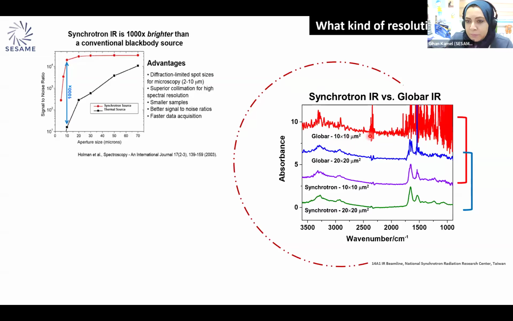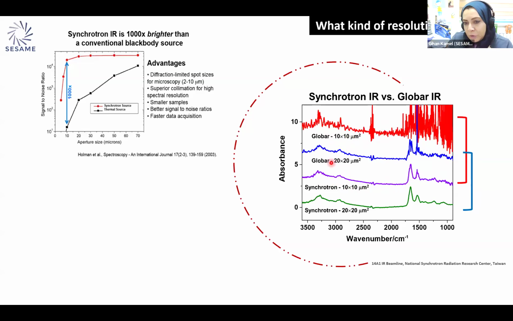Comparing the quality of the red one and the purple one, clearly at the same aperture, synchrotron shows much better signal-to-noise ratio, while the red one collected by globar at the same aperture shows a very noisy spectrum that we will never be using.